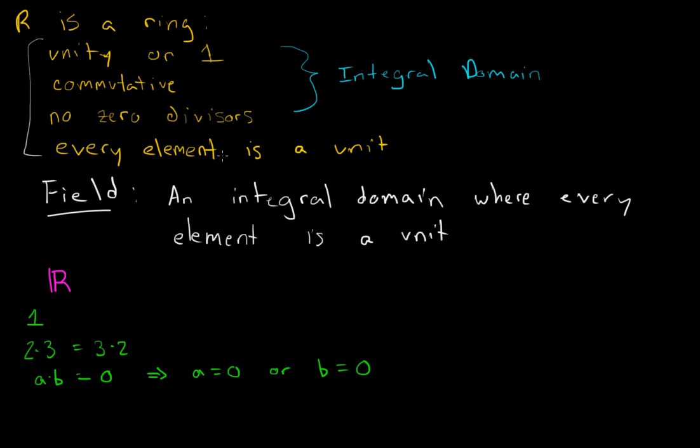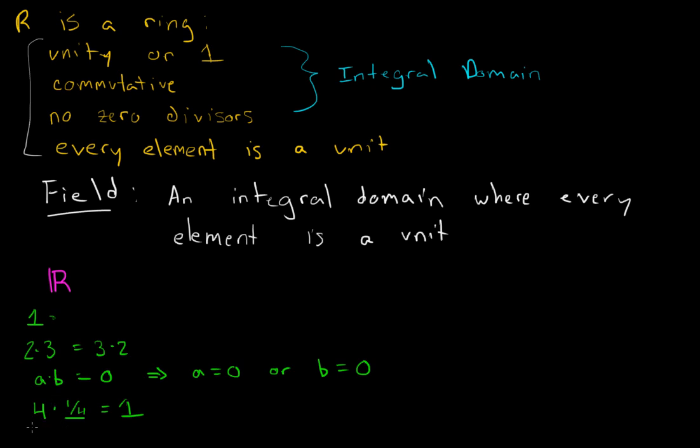Also, every element has a multiplicative inverse. So say we have 4. We want to multiply 4 by something to get our unity, which we said was 1. Well, that would be 1/4, and 1/4 is a real number. So 4 has a multiplicative inverse, or 4 is a unit.